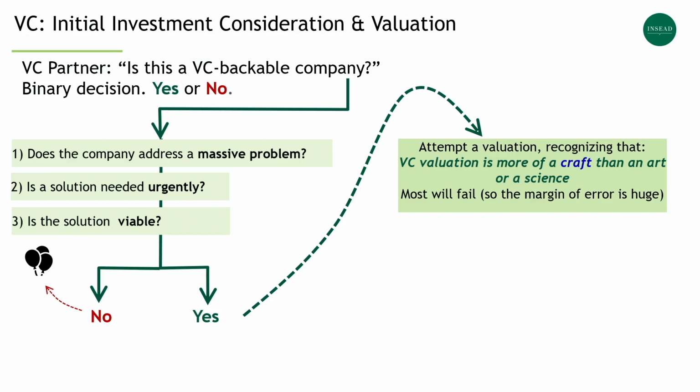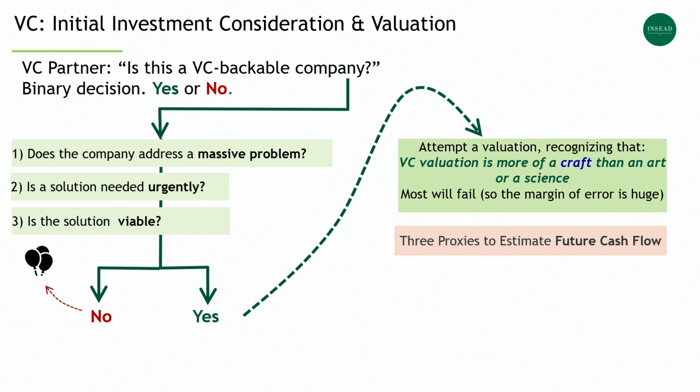So VCs basically recognize very clearly that valuation in this space of startups is much more a craft than even an art, and certainly not a science. Most of the startups will fail, so the margin of error is huge. I mentioned in earlier videos, about 8 out of 10 early stage investments in a VC fund will fail.